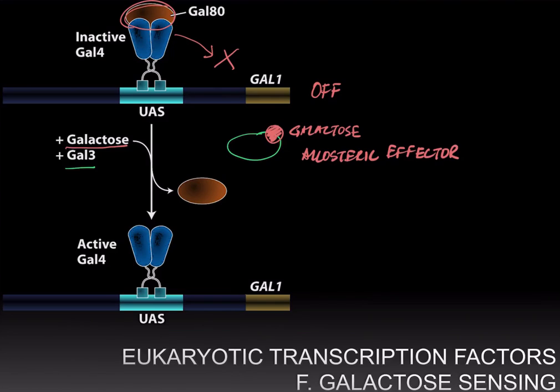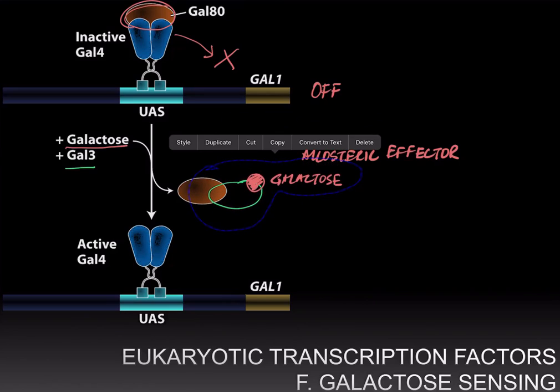Recall that allostery is when a molecule binds to a protein, causing it to change its activity, and that molecule is called the allosteric effector. In this case, galactose binds GAL3 and causes a conformational change in GAL3, that is, a change in the shape of GAL3 that allows GAL3 to bind to GAL80.